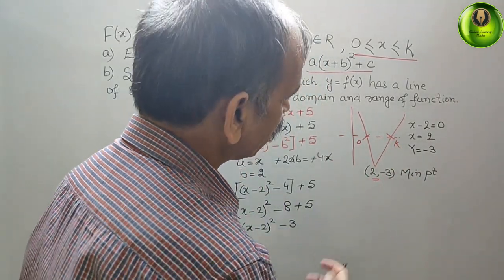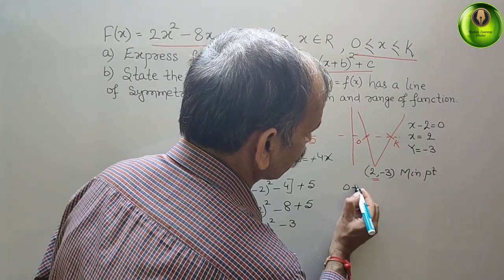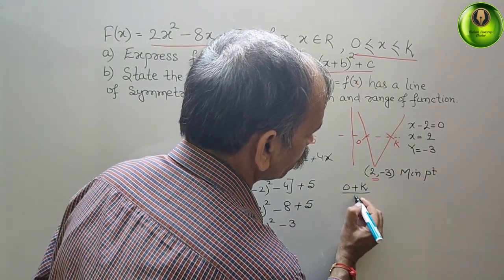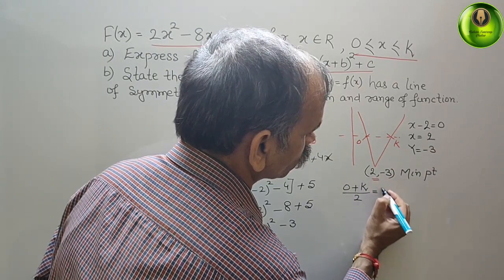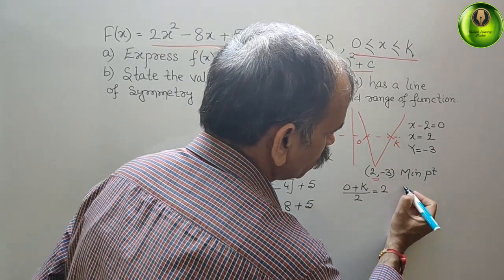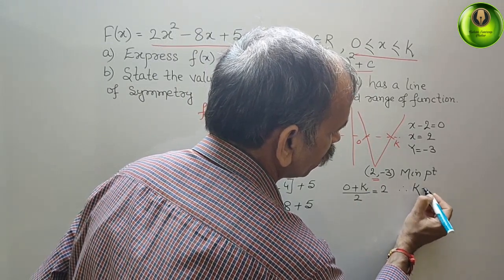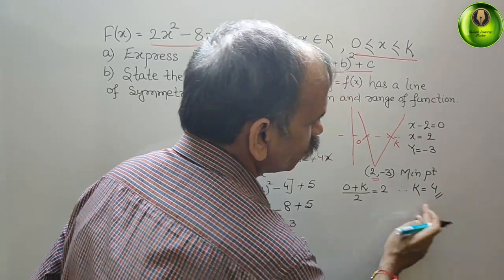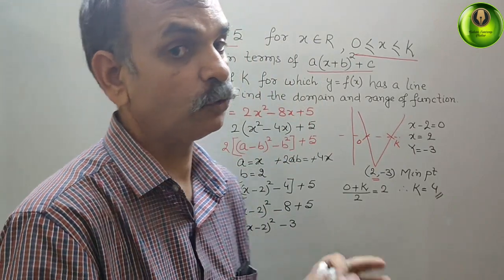Therefore, we will write (0 + k)/2 = 2. Now cross multiply it and you will get k = 4. So you will get the value k = 4.